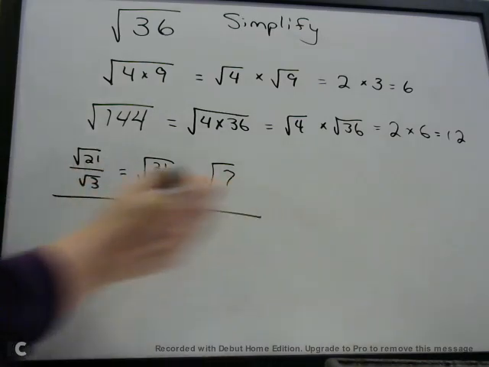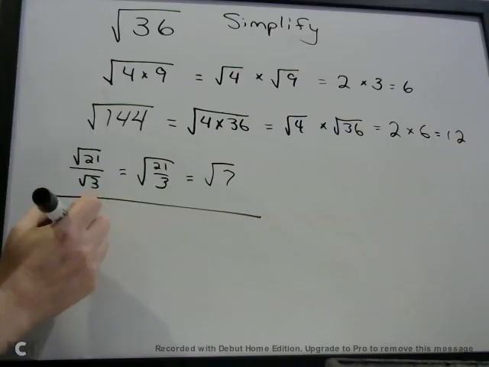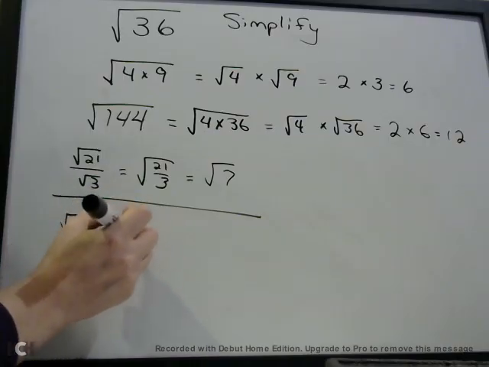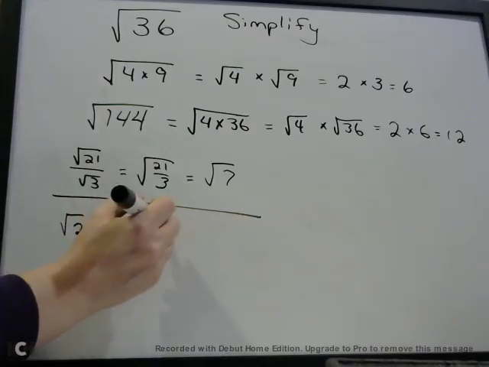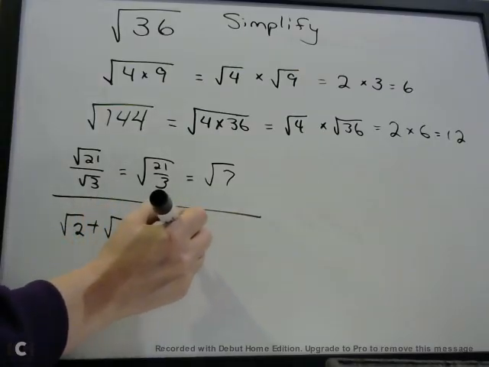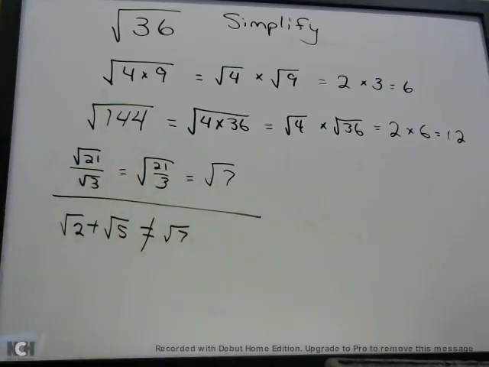So if, let's say, we had the square root of 2 plus the square root of 5, we can't just add these. That is not equal to the square root of 7. You cannot add items that have different numbers under the radical sign. You can't add or subtract them.